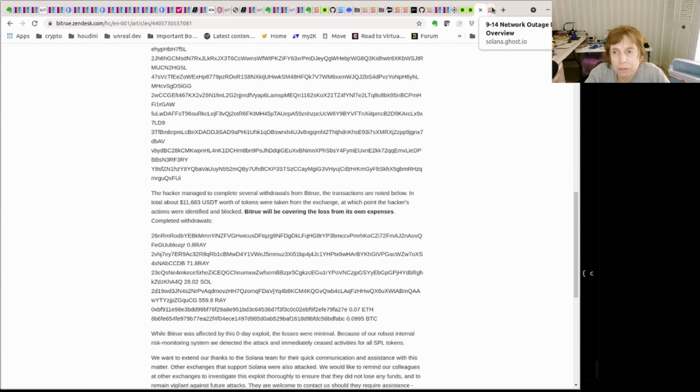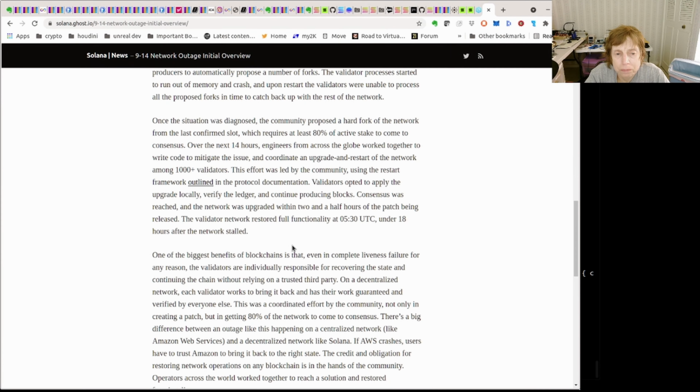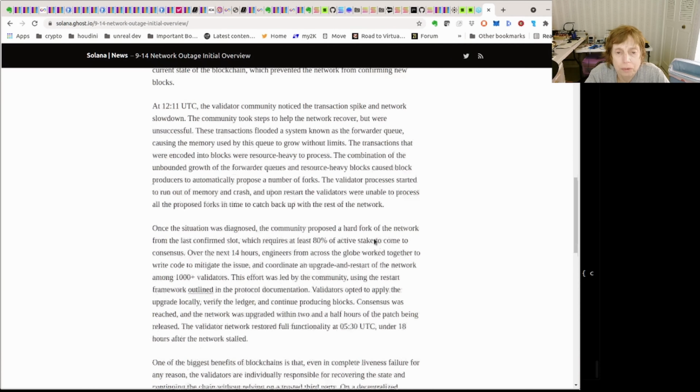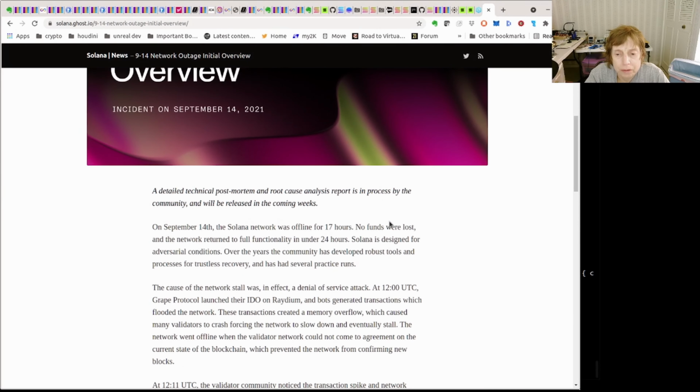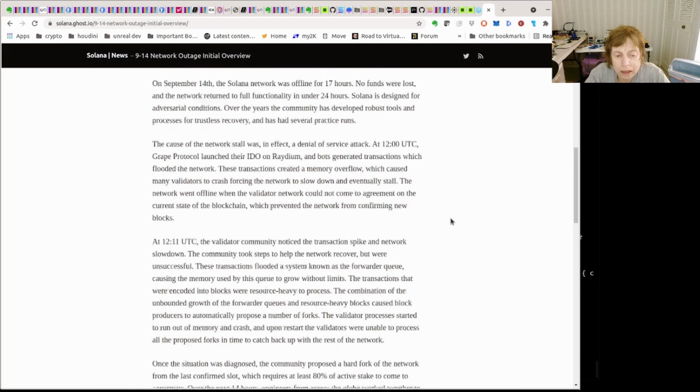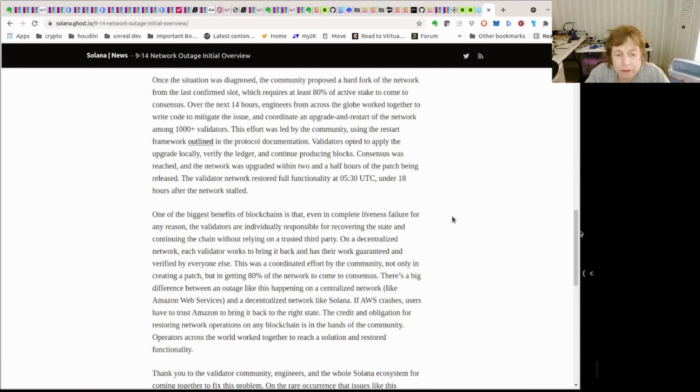The second one was not even two weeks ago, where they got flooded with a denial of service attack, rather. And basically, the validators and everyone, engineers, the whole community came together to resolve it, but it took about 14 hours.